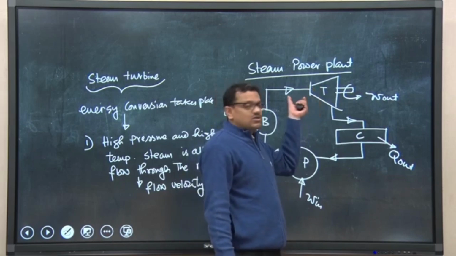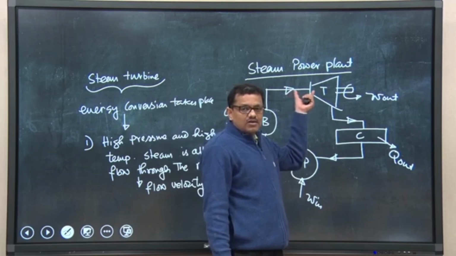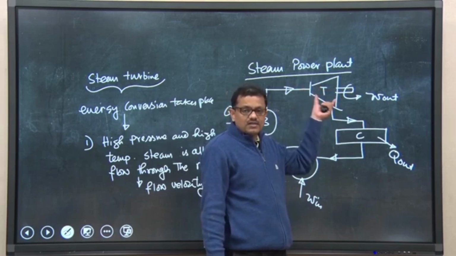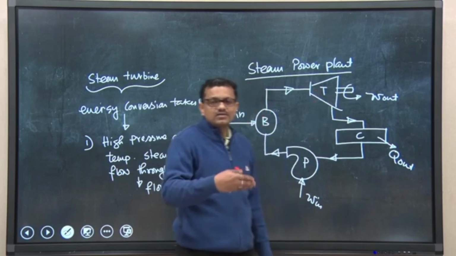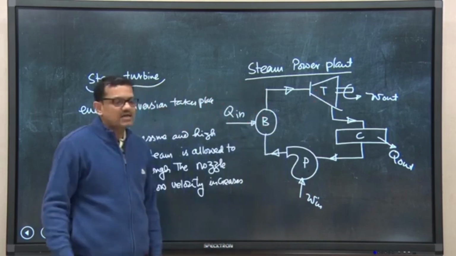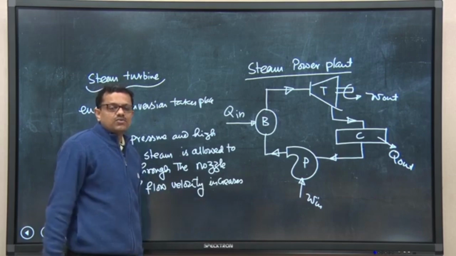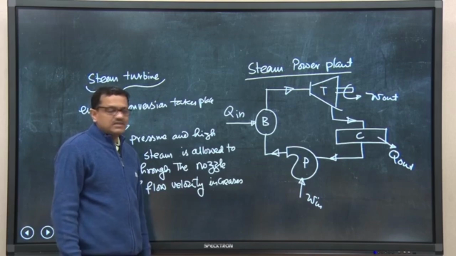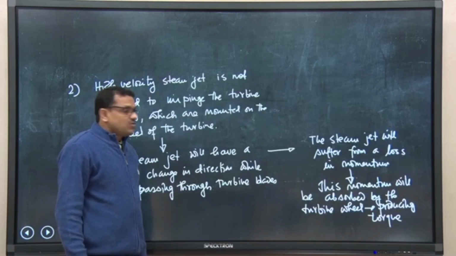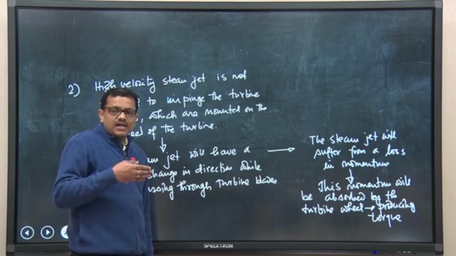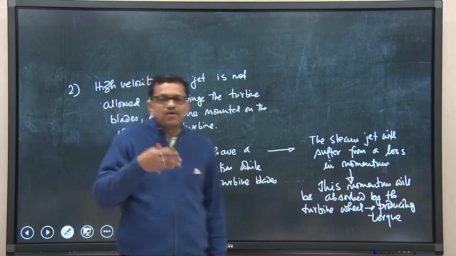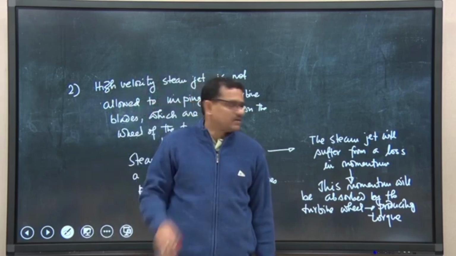So, when steam is coming out from the boiler or steam generator, that steam is not directly taken to the turbine blade, rather steam is allowed to pass through the flow nozzles, and then only that high velocity steam jet will be taken to the turbine blades, and we have seen how we are getting energy conversion which is taking place inside the turbine. So, what we can see is that steam turbine is the assemblage of the flow nozzles and turbine blades.